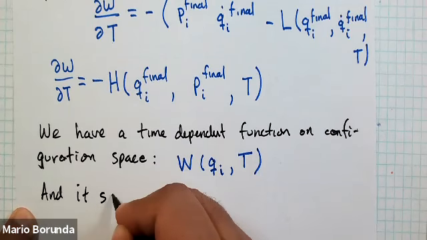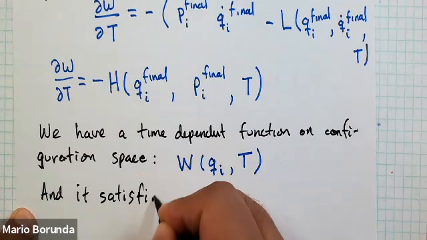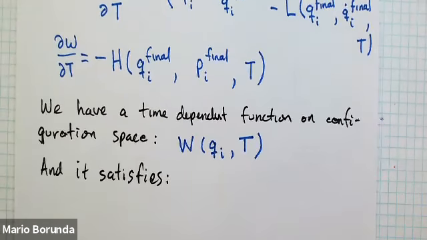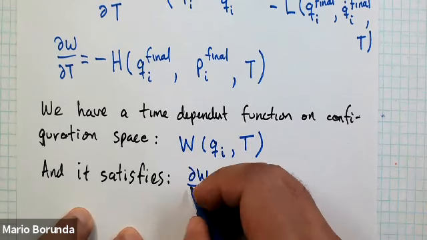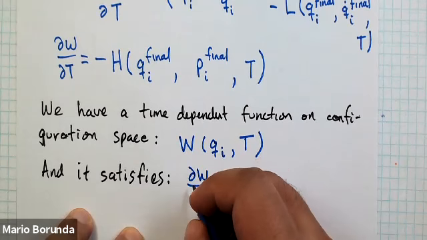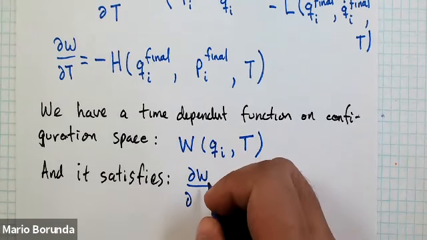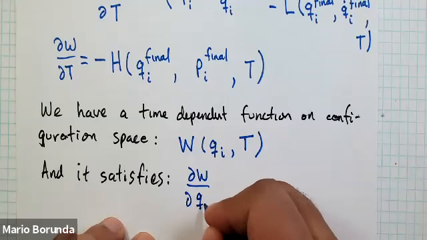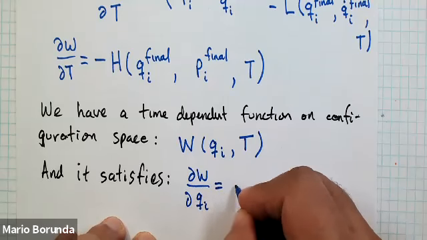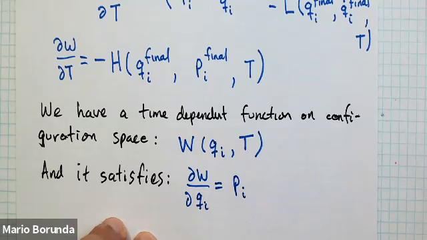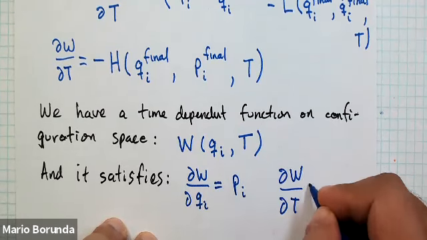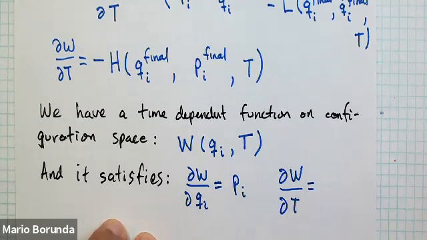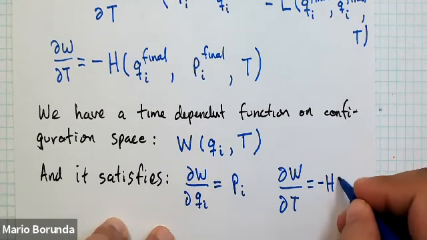And this function satisfies that the partial with respect to qi is going to be the momentum, and the partial with respect to time is going to be the negative Hamiltonian.